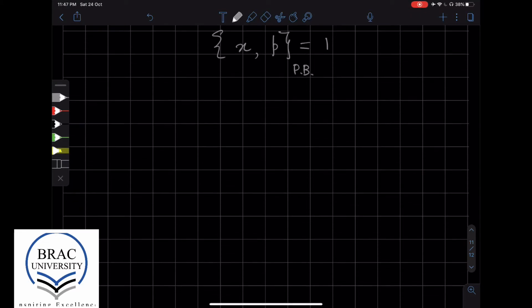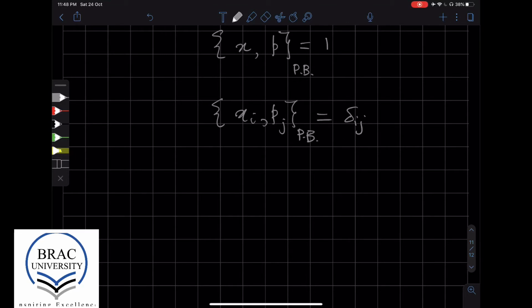And if our system has more than 1 degree of freedom, then the Poisson bracket just becomes, so this is j. So this is what it becomes in classical mechanics.